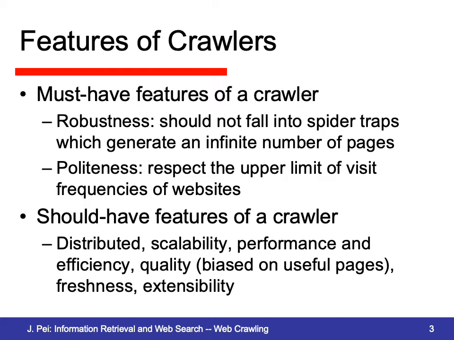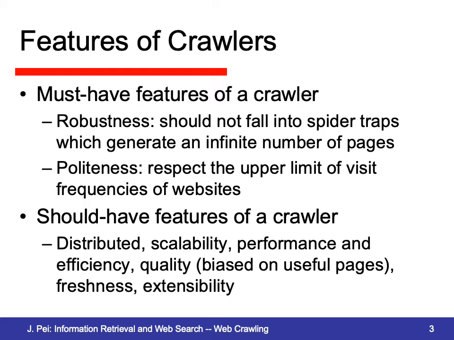In addition to must-have features of a crawler, there are also some should-have features. For example, due to the huge scale of the web, a crawler should be distributed and scalable. That means it can handle a huge number of web pages, and it should be distributed over multiple computers, multiple clusters.